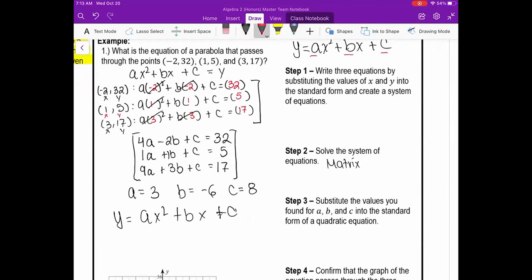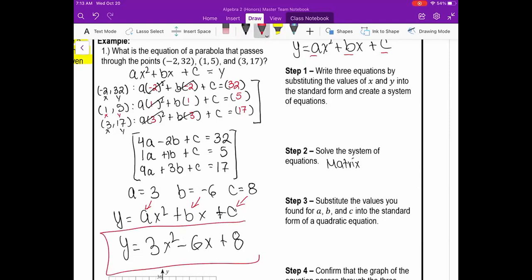So now all I've got to do is replace a, b, and c. So my quadratic equation is y equals 3x squared. In this case, b is negative, so that's going to be minus 6x, and then plus 8. And here's my quadratic equation.